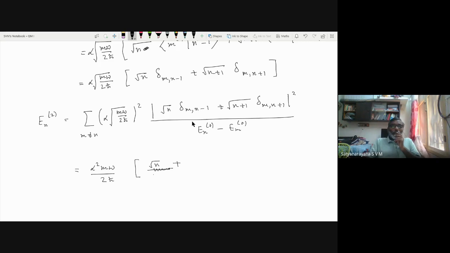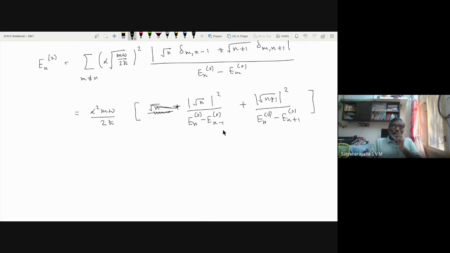So I will have root n, the square, divided by En0 minus En minus 1 0, plus root n plus 1, the square, divided by En0 minus En plus 1 0. Only two terms will be there.